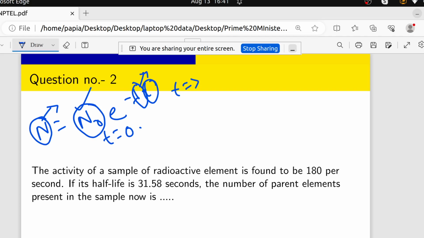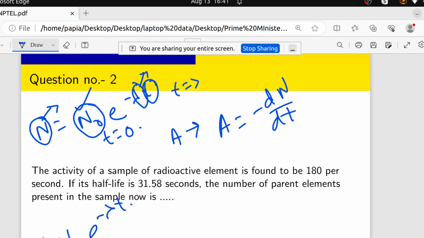Here, activity is given. Activity has the expression dN/dt. We know that N equals N0 e to the power minus lambda t. So what is dN/dt?